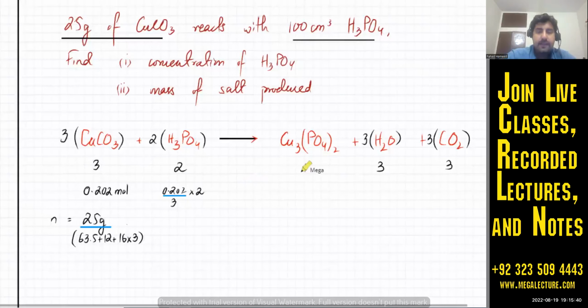And the moles of this one over here will be 0.202 divided by 3, times 1. So that's 0.202 divided by 3 into 1.